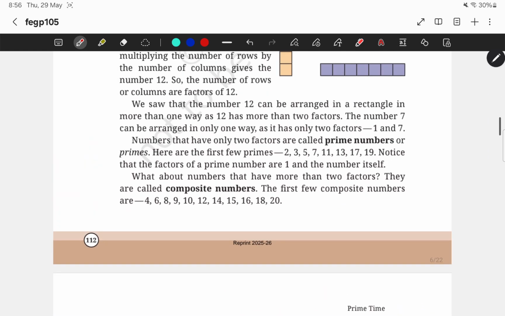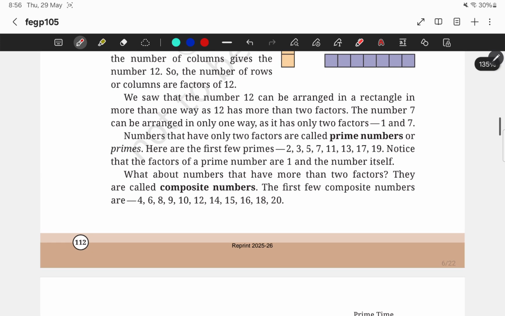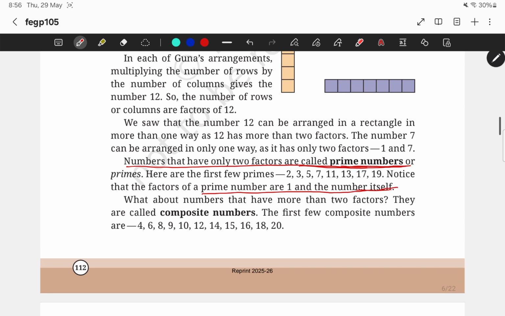Prime numbers are the numbers that are multiples of 1 and the number itself. So these are known as prime numbers. Numbers that have only 2 factors are called prime numbers.